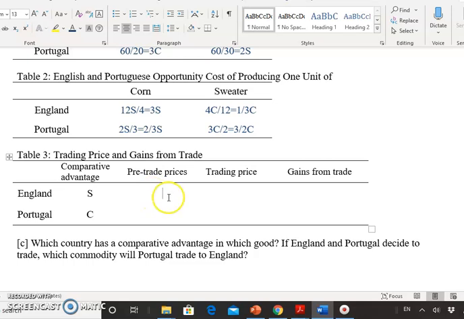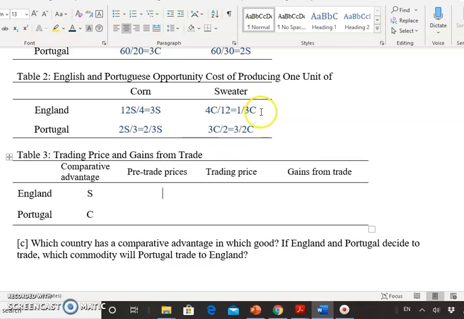Now, the second thing we need to figure out is the pre-trade price. In both countries, you could say pre-trade or you could say without trade. So if both countries are isolated, let's say in England, if it produces 1 sweater, it should be able to exchange 1/3 of corn.